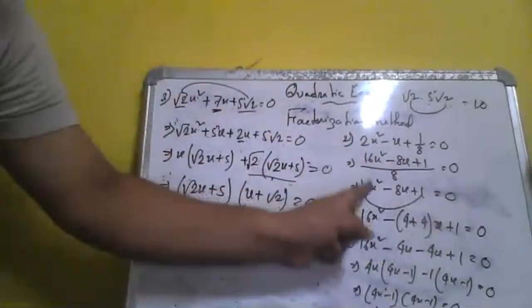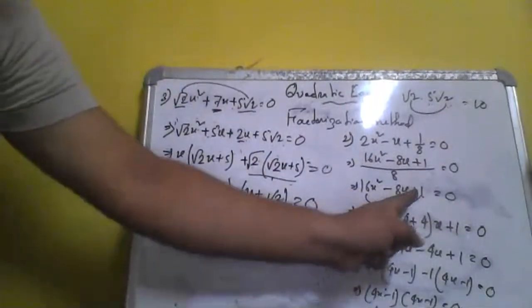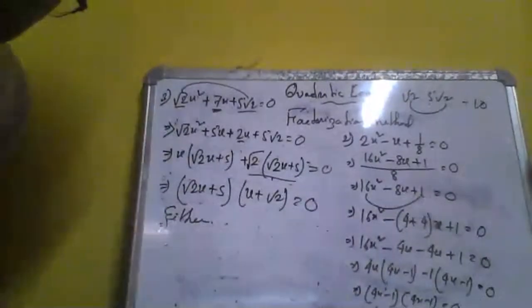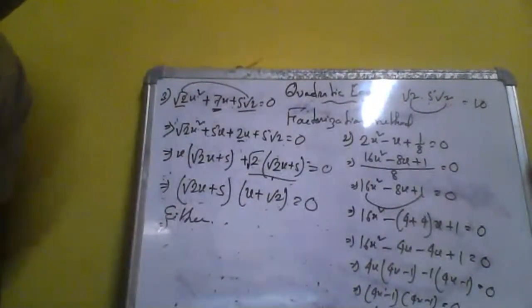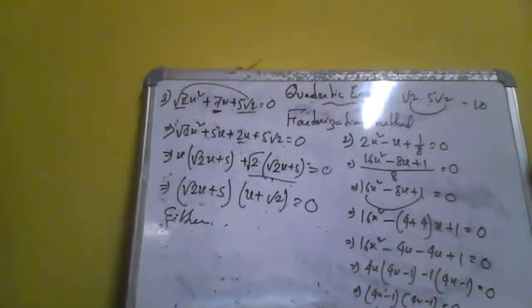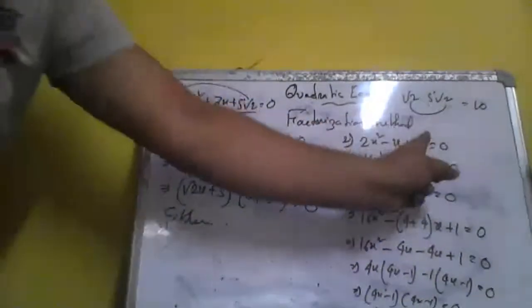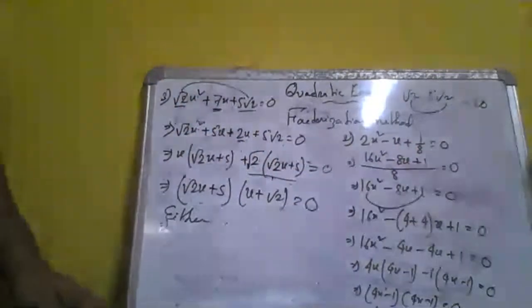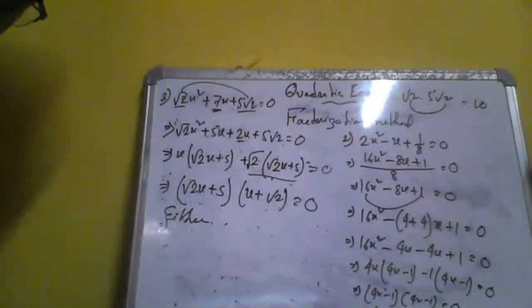Then what is left? 16x square minus 8x plus 1 equal to 0. Understood? Fraction number is there, and for that we take the LCM 8. Understood or not?